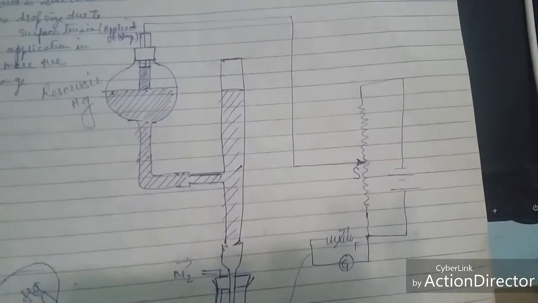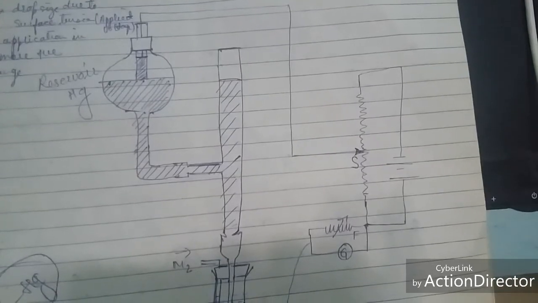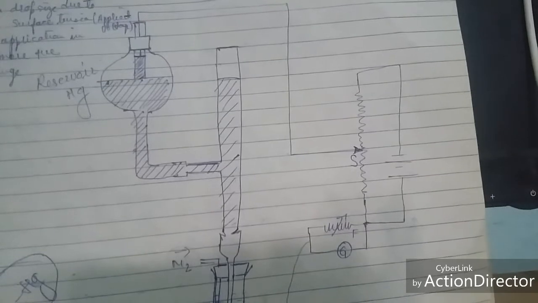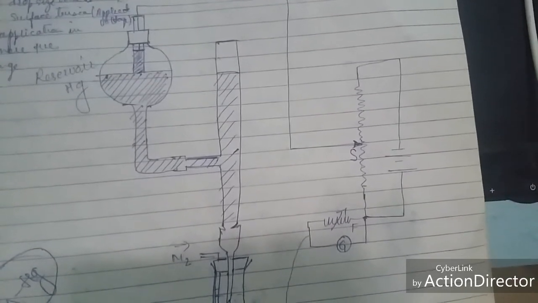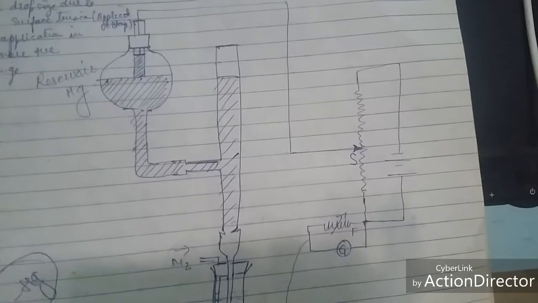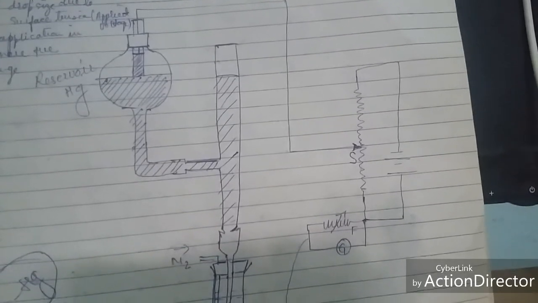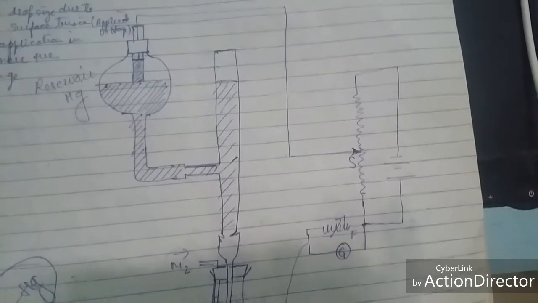So you will be finally measuring the current against the applied potential. So you will get a graph of current versus applied potential, that is the current voltage curve, which is known as the polarogram. This polarogram will give you both the qualitative and quantitative information about the composition of the solution subjected to electrolysis.